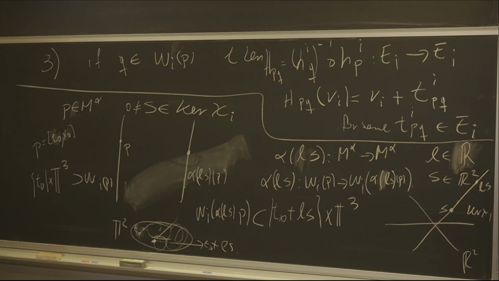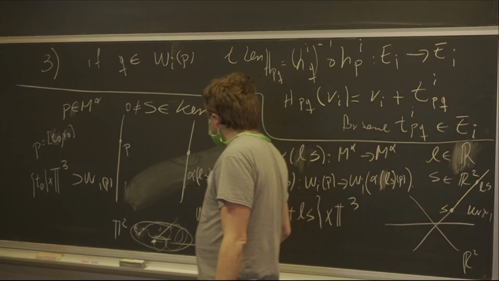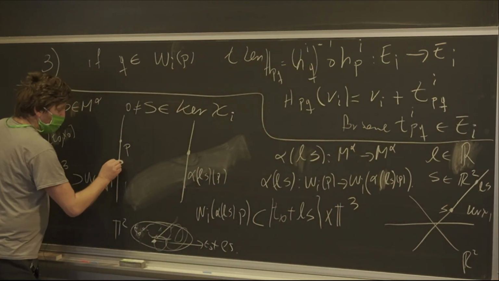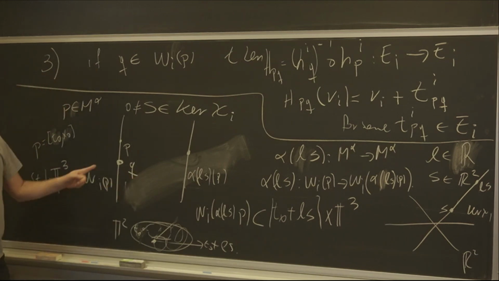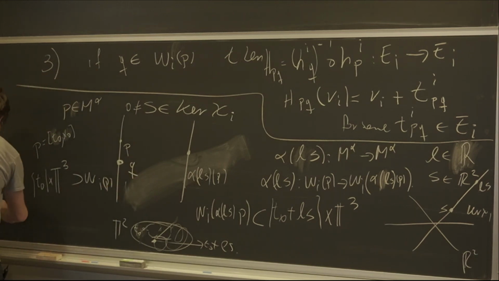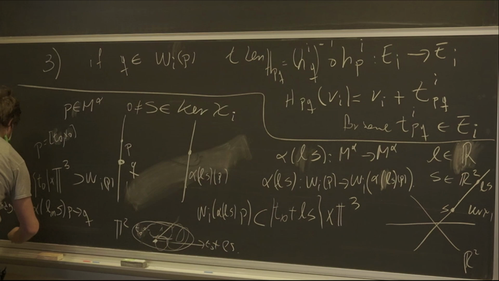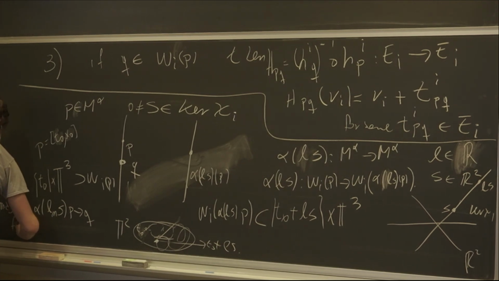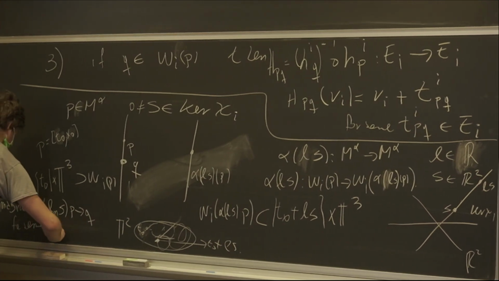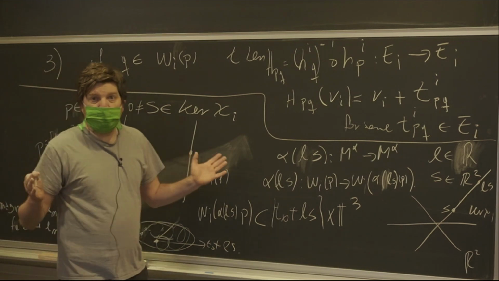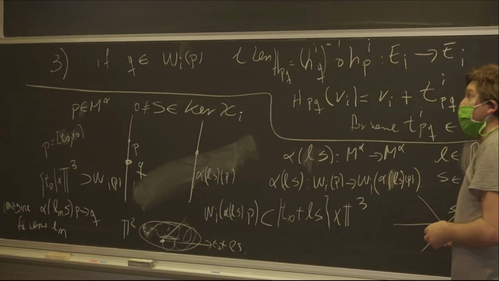Now imagine for a second that I manage to have a Q there, and imagine alpha_{Ln S} of P goes to Q for some L_n. Imagine these were true. I don't know if this is going to be true at all.